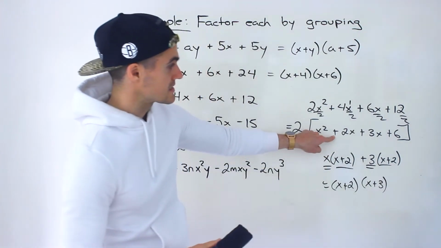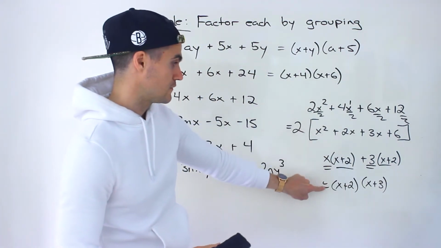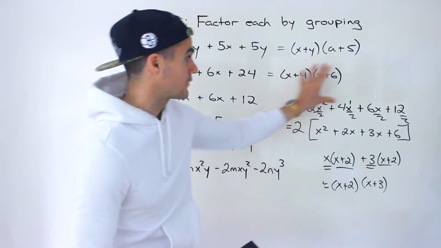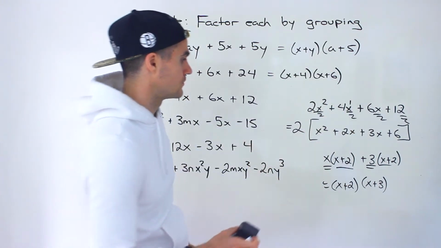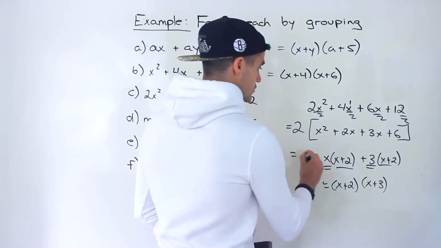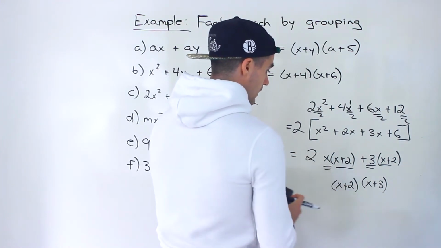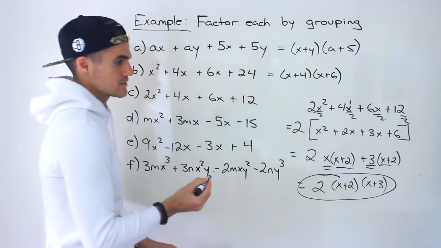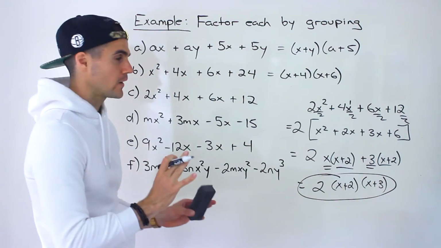So that's what this square bracket factors to, but then we got that 2. And if we look at the whole thing, we got that 2 in front still, right? So that 2 kept on carrying over. And so we end up with that same solution. Okay, so 2 different ways to go about it.